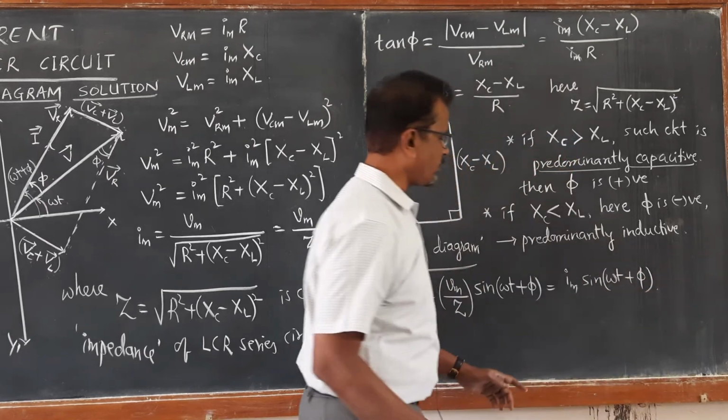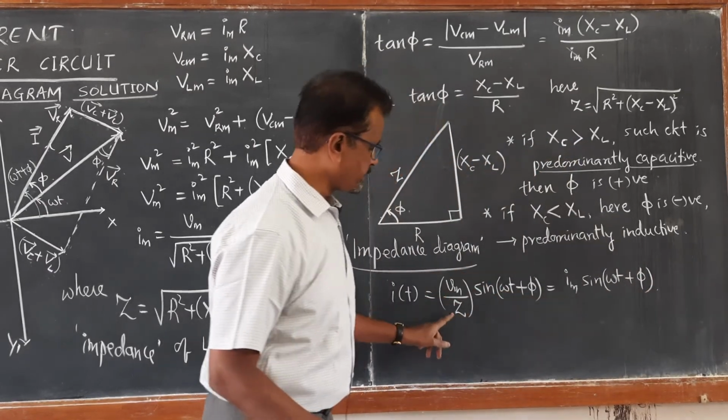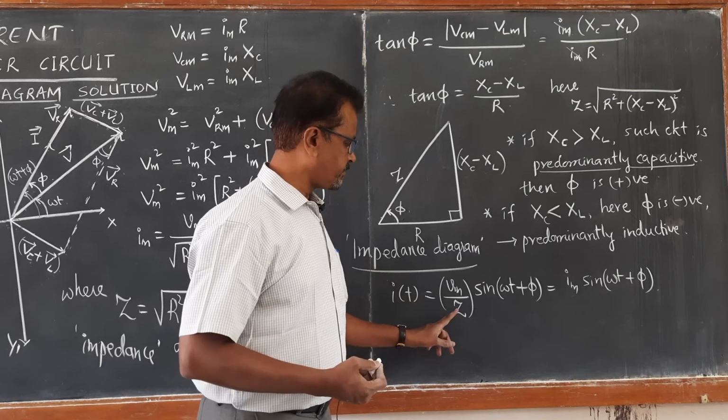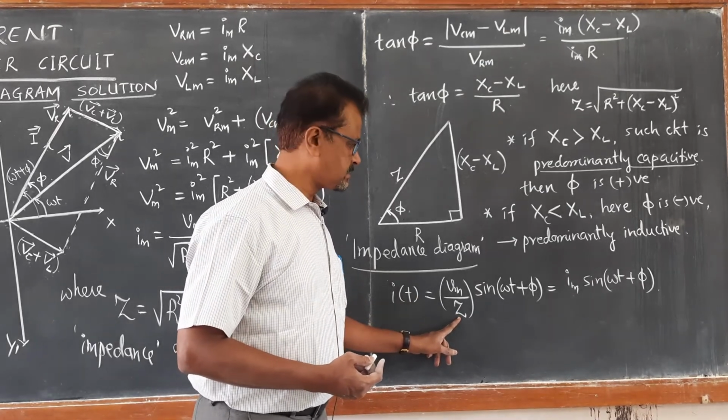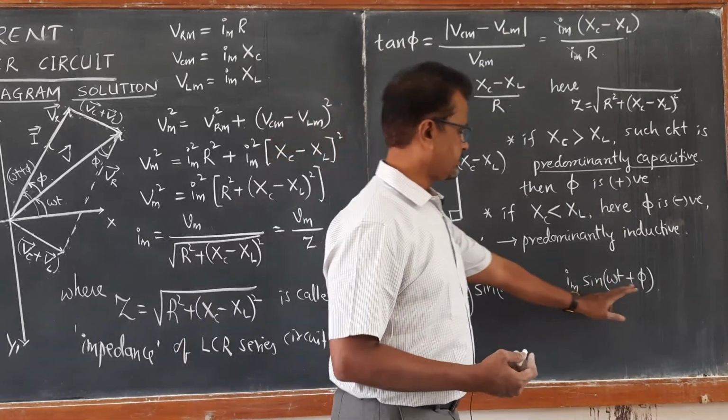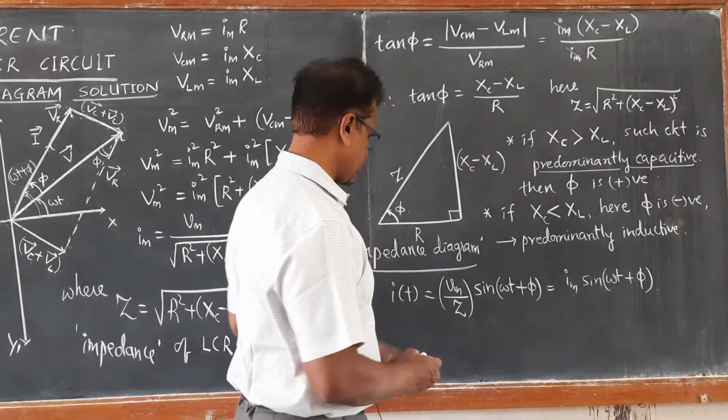So we found the value of Im as Vm by Z, and finally we defined what Z is.